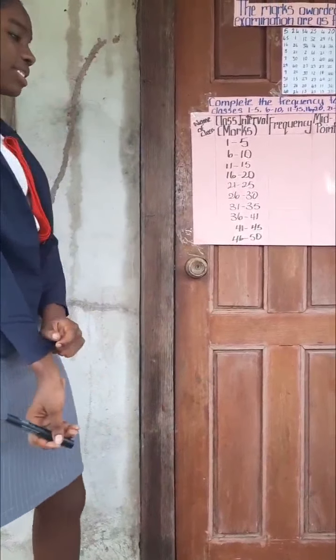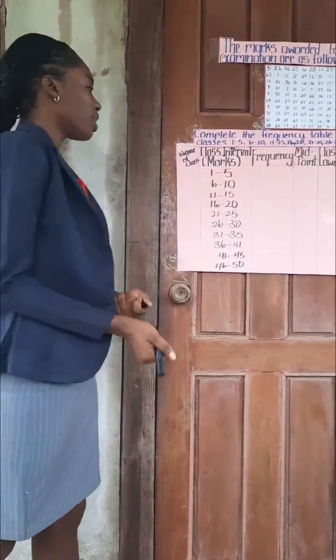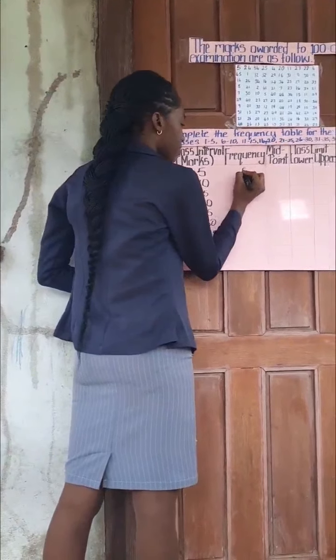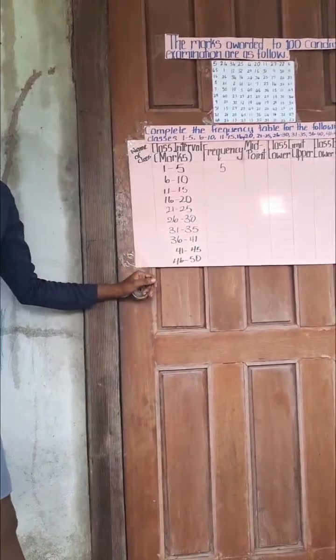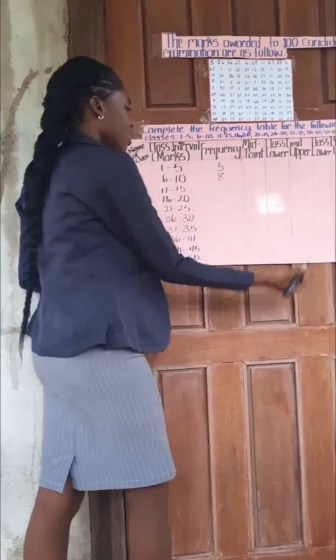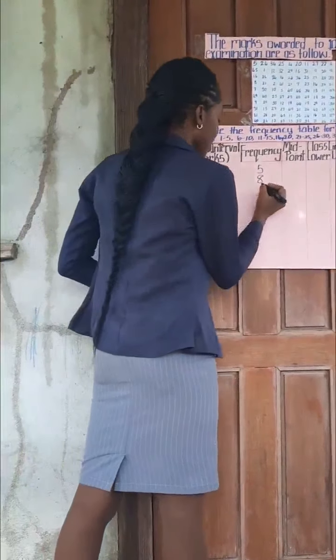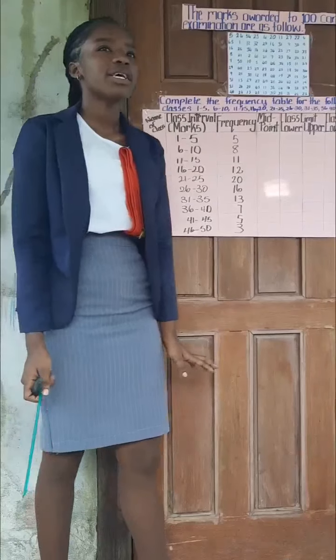Yes, the frequency. So, what do you have for 1 to 5? You have 5. Yes, Daniela. We have 8. Yes, Daniel. 11. Okay, students.